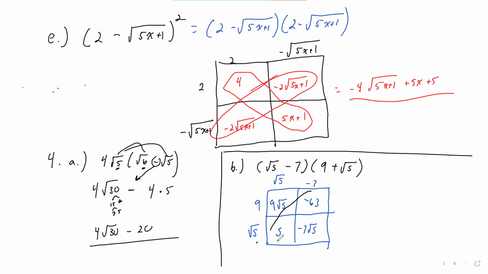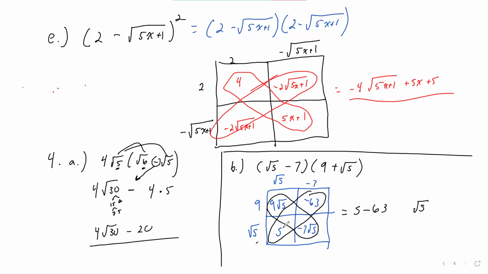All right. So if I go this route, can I combine s and negative 63? No, so I have to write it as s minus 63. But on the next diagonal, can I combine the square root of s's? They will stay square root of s, yes.